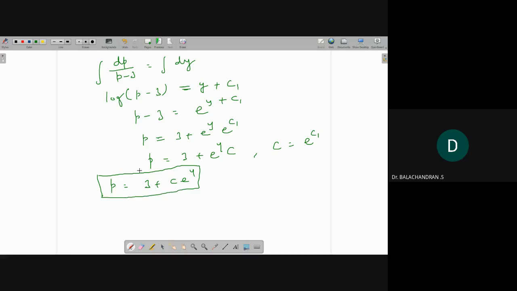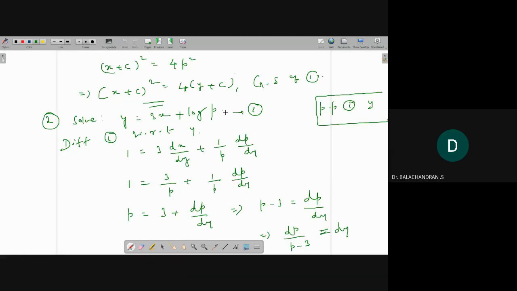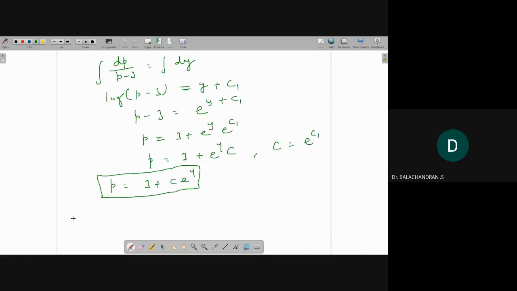Now you can eliminate p in equation 1. What is equation 1? Instead of this p, you can replace it, and you'll get the general solution. So y equal to 3x plus log p, that is log of (3 plus c into e power y).